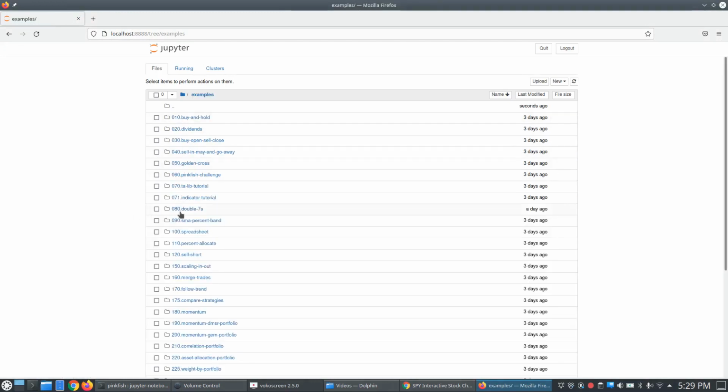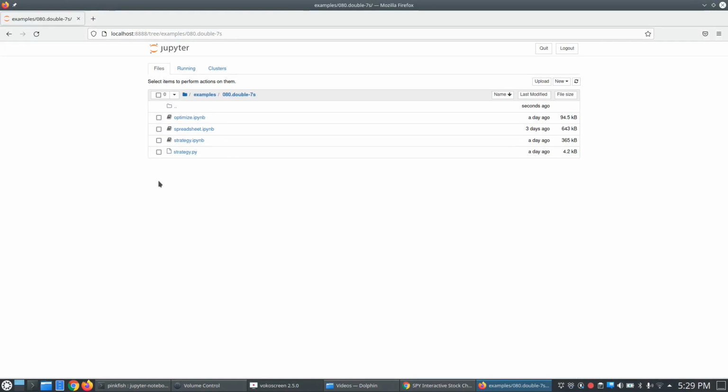We'll open that up and we're going to do a video for each one of these files. So as an overview, this is the file that has the actual algorithm for the strategy in it. This is a driver for that file that lets you run the strategy and then do analysis on it.